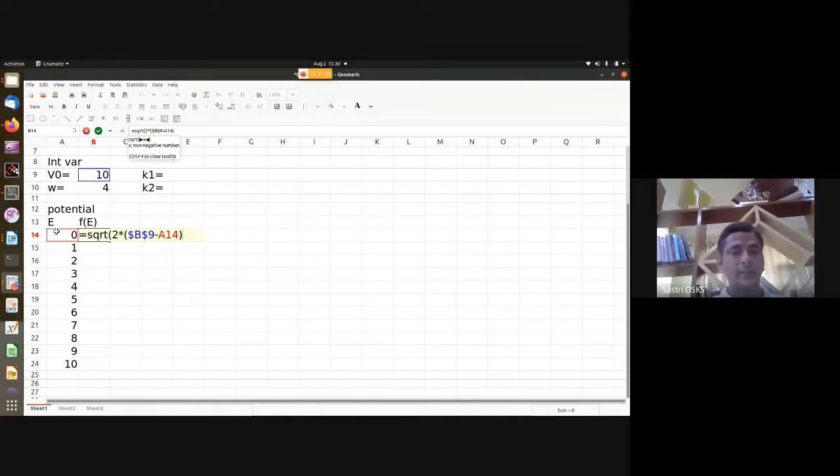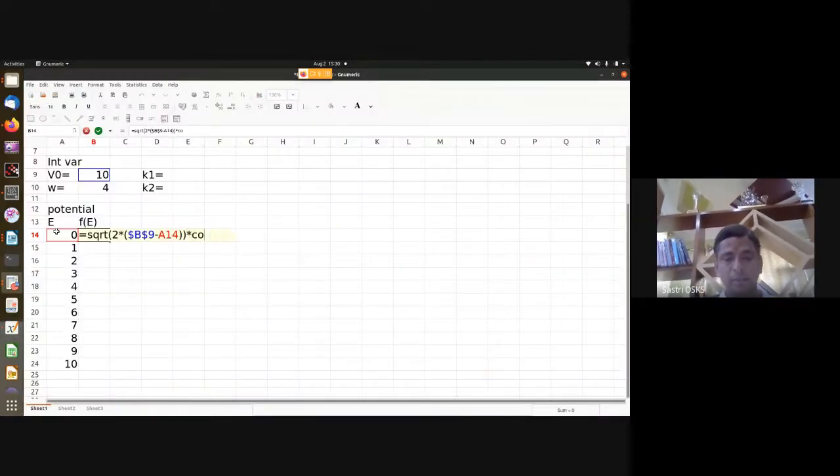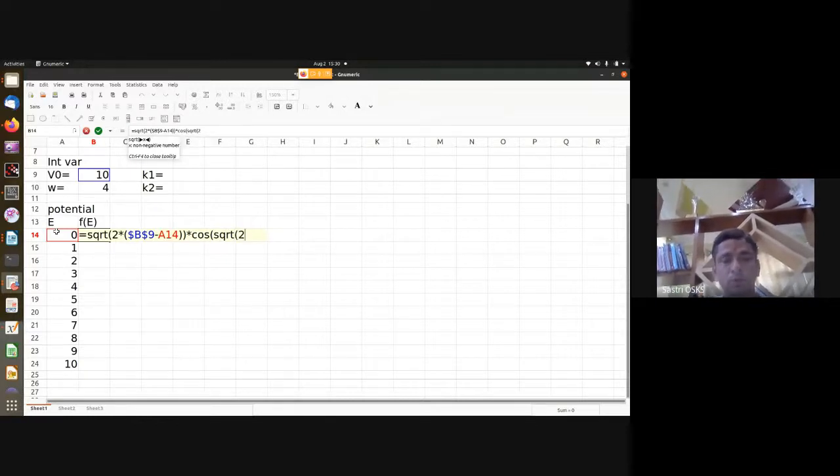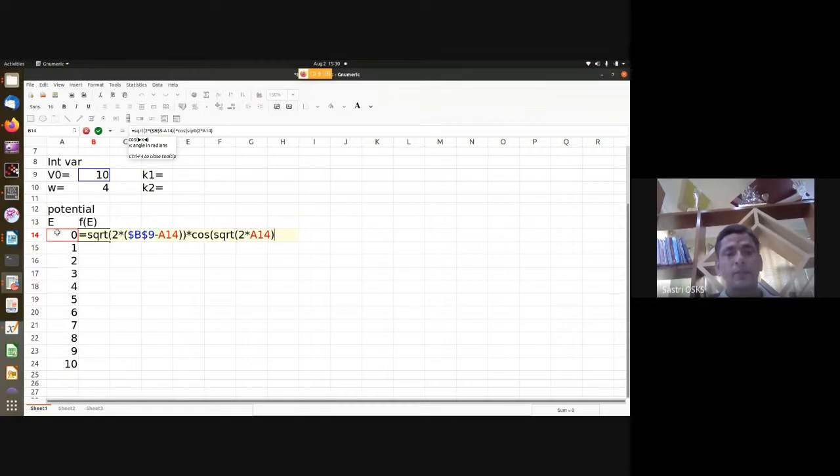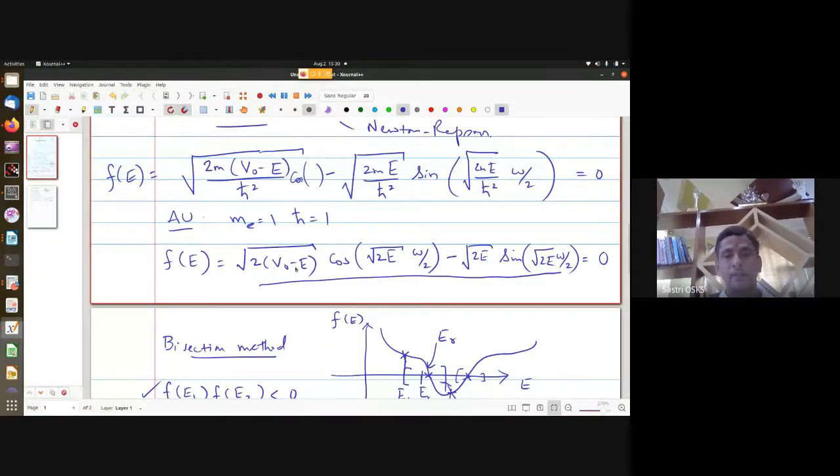V0 minus E, bracket close, another bracket close, multiplied by cos of, again, square root of 2 star E, that square root bracket completes there, into W. W is this, so you put the dollars on the W so that value doesn't change. The referencing should be correct. That is divided by 2. That completes it.